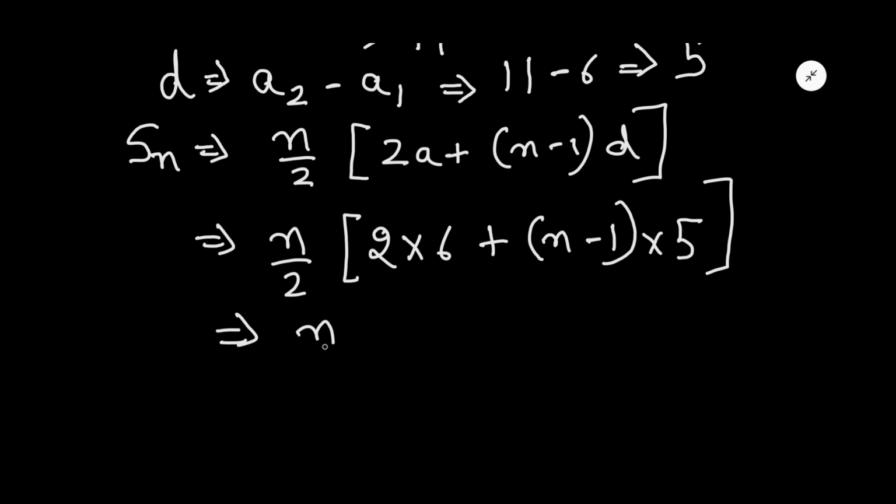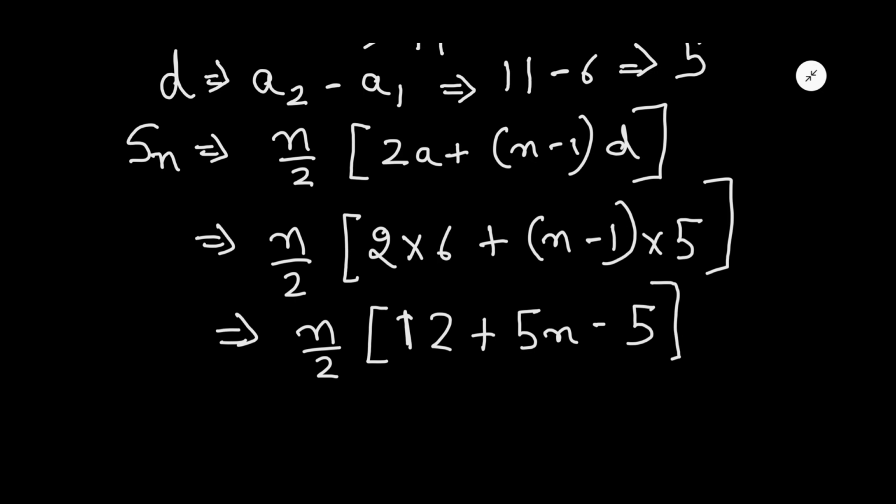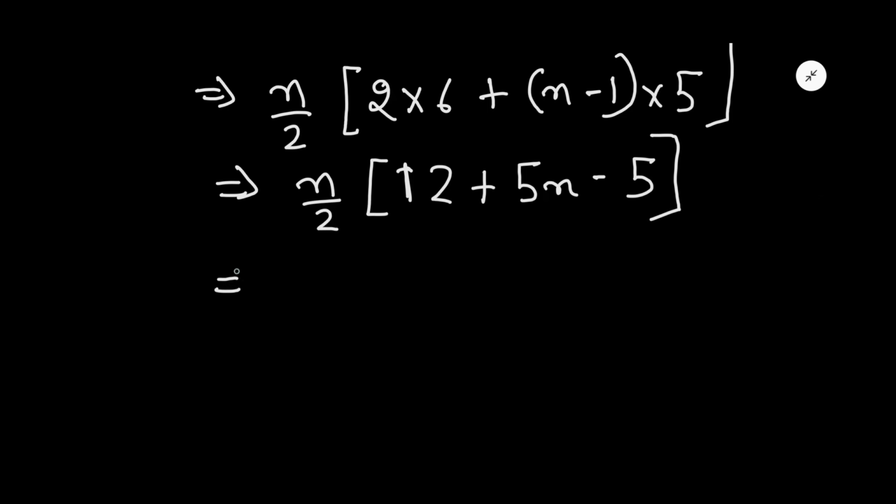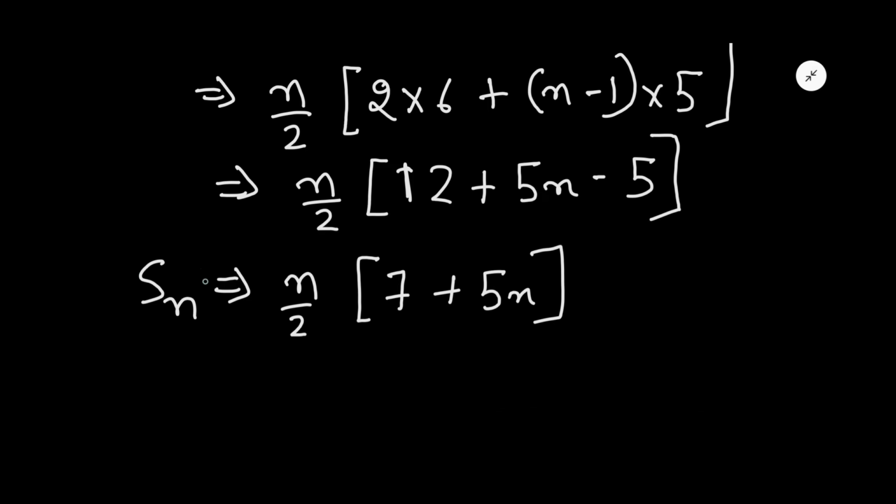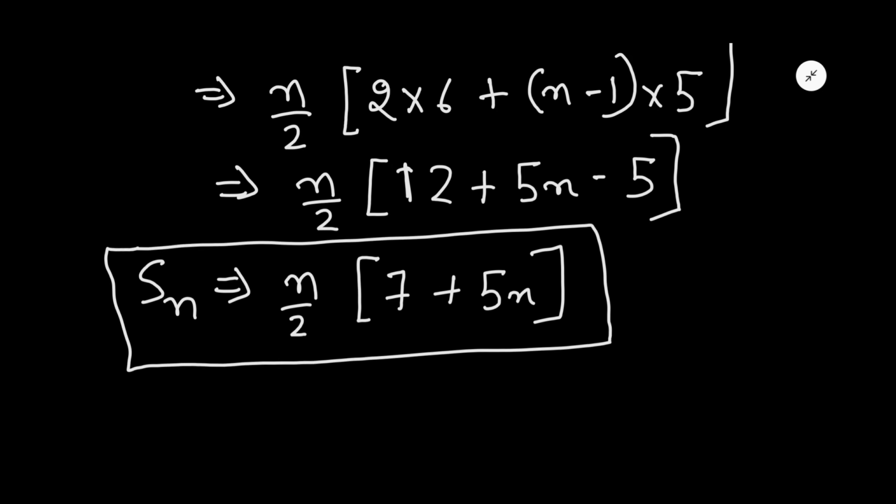So it is equal to n by 2 into 12 plus 5n minus 5, which is n by 2 into 7 plus 5n. So this is our final answer: Sn is equal to n by 2 into 7 plus 5n.